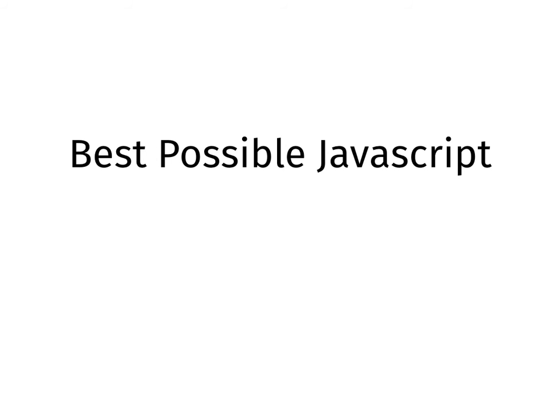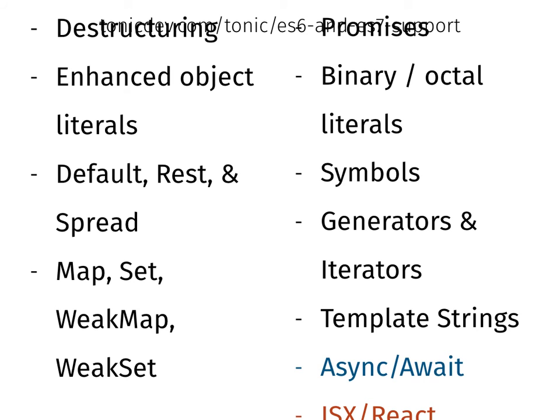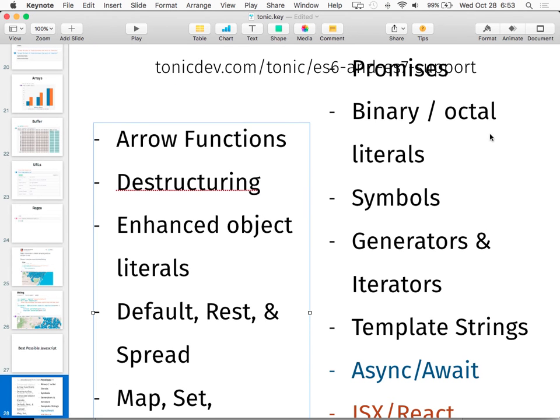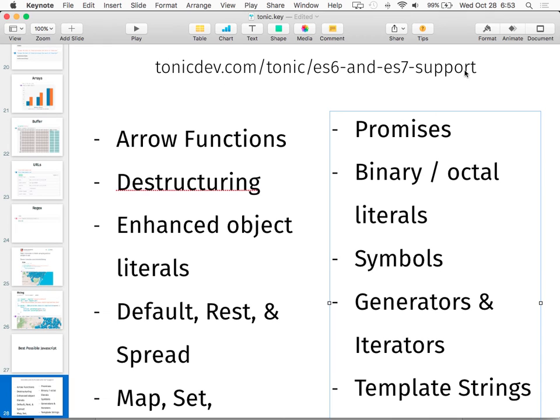So this is the segue I was talking about, that Tonic is about the best possible JavaScript. And I'm sorry, this is all over the map, but you get it. If you want to know exactly what ES6 and ES7 support we have, you go to that URL. It's pretty easy to remember, tonicdev.com/tonic/.